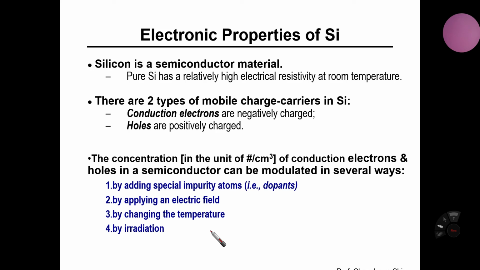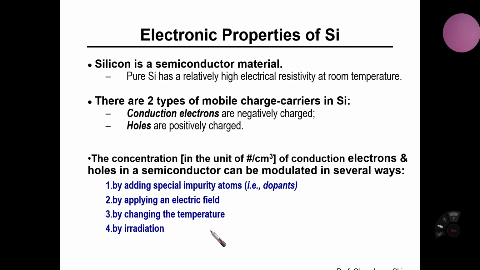So let's understand why silicon's resistivity is out of the general range for semiconducting material. We're going to insert non-silicon atoms into the silicon crystalline material, then we can tweak, control, and modify the electronic properties, definitely the conductivity or resistivity of silicon.